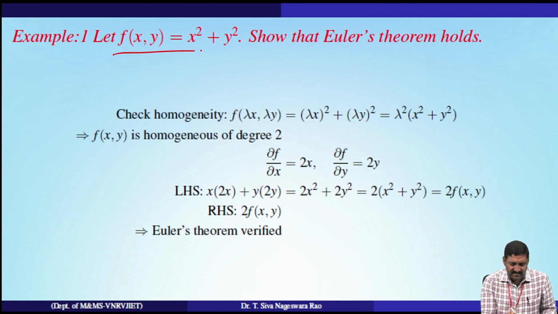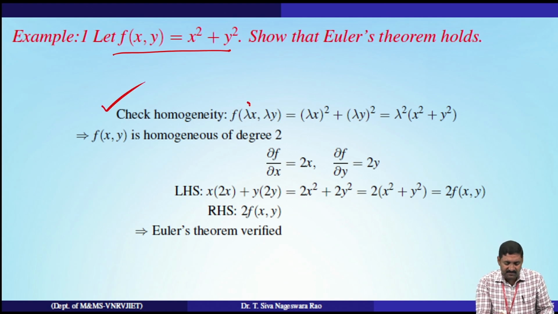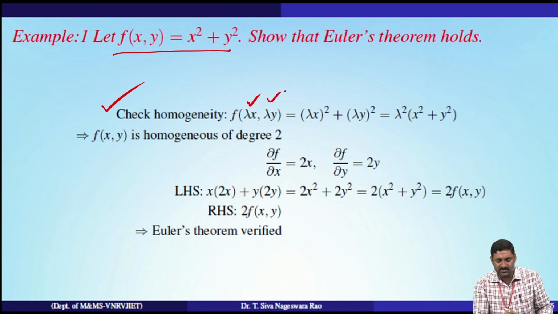What is the given function? f of x comma y is equal to x square plus y square. Just by observing it, we can say very easily it is a homogeneous function of degree 2. Otherwise, we check homogeneity. We replace x with lambda x, and y with lambda y. So what will you get? Lambda x whole square plus lambda y whole square. Take out lambda square as common.